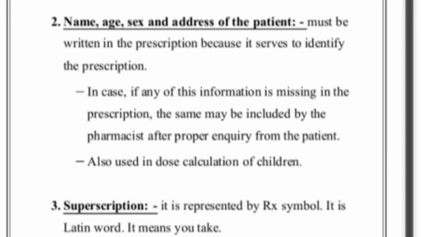Second one is name, age, sex, and address of the patient. Write the name of the patient, age, sex and address of the patient, and it must be written in the prescription because it serves to identify the prescription.